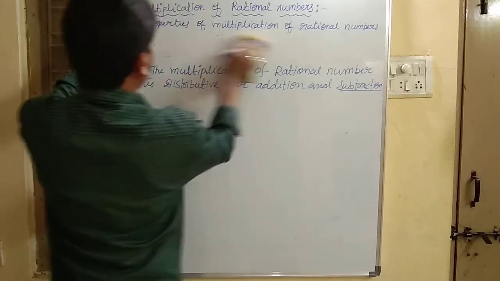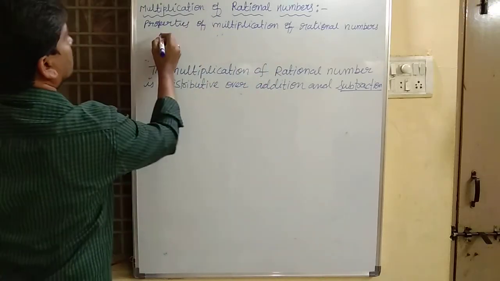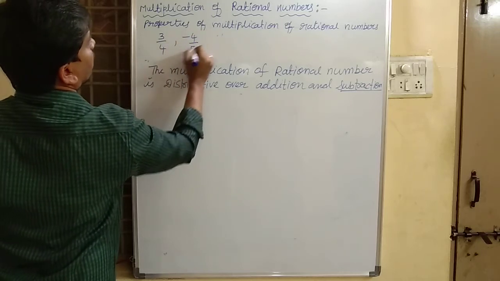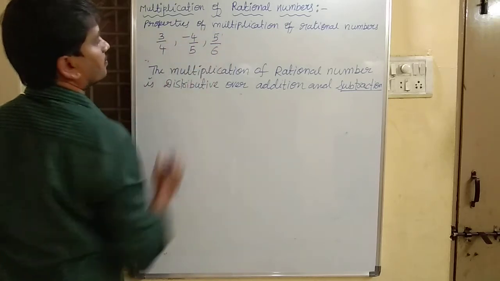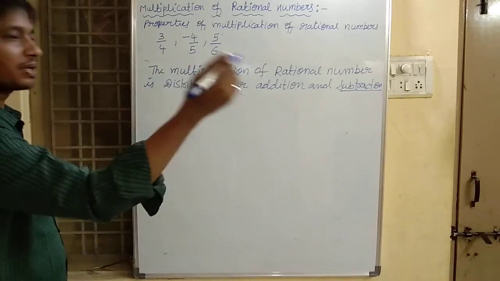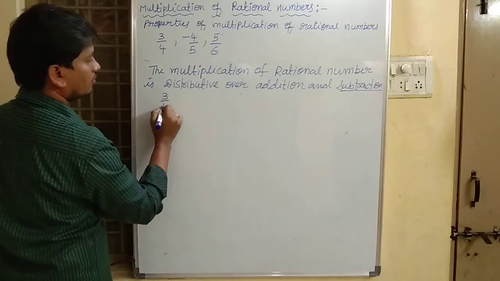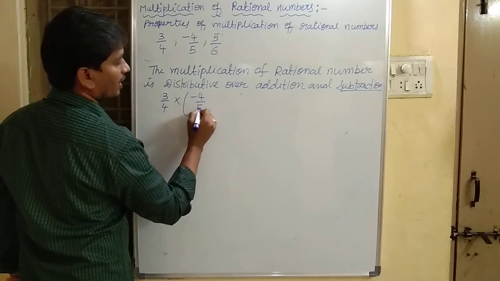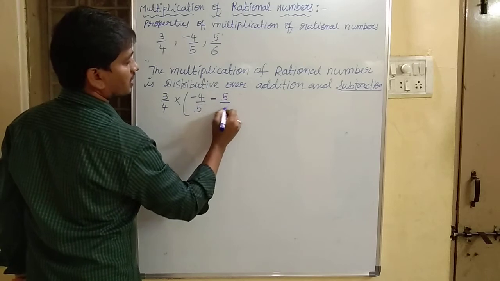Let us consider 3 rational numbers. The 3 rational numbers are, again, 3 by 4, minus 4 by 5 and 5 by 6. Multiplication of rational numbers over subtraction. So 3 by 4 into minus 4 by 5 minus 5 by 6.